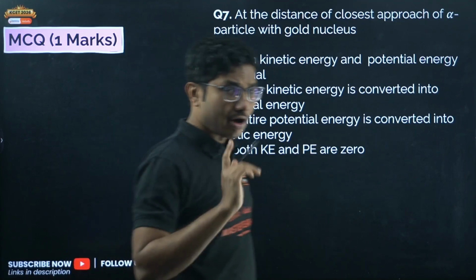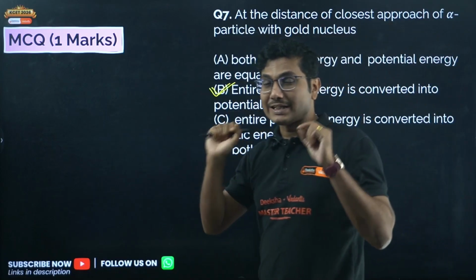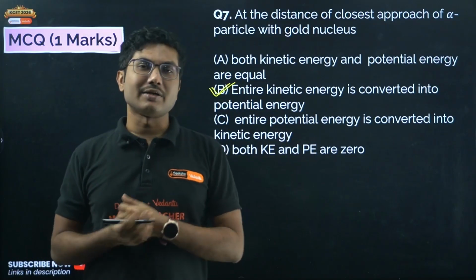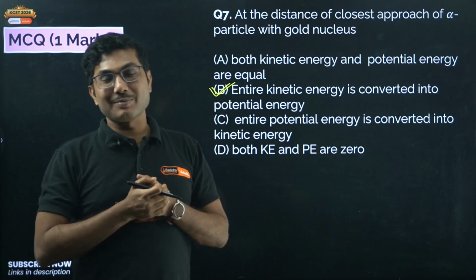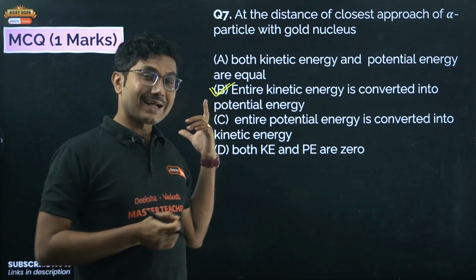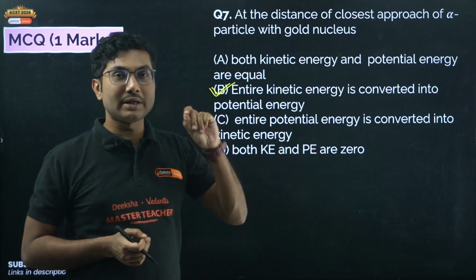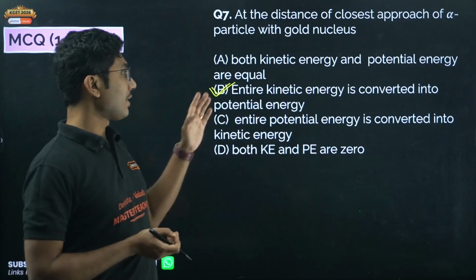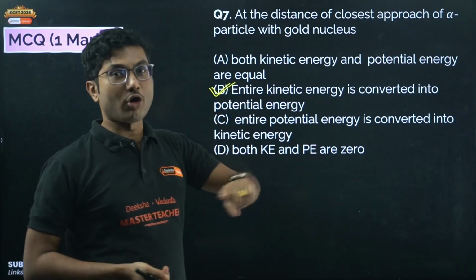Kinetic energy is not equal to potential energy; the initial kinetic energy is exactly equal to the potential energy. They are not balanced by each other. The entire kinetic energy is converted into potential energy and it momentarily stops at the distance of closest approach. So that's why option B is correct, not option A. Don't fall for the trap.